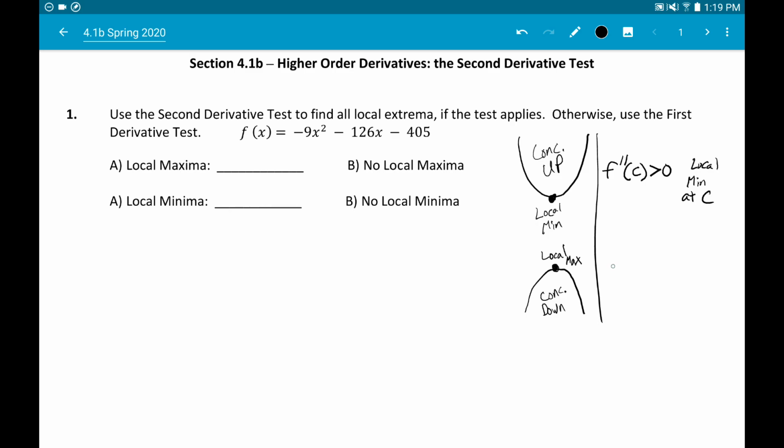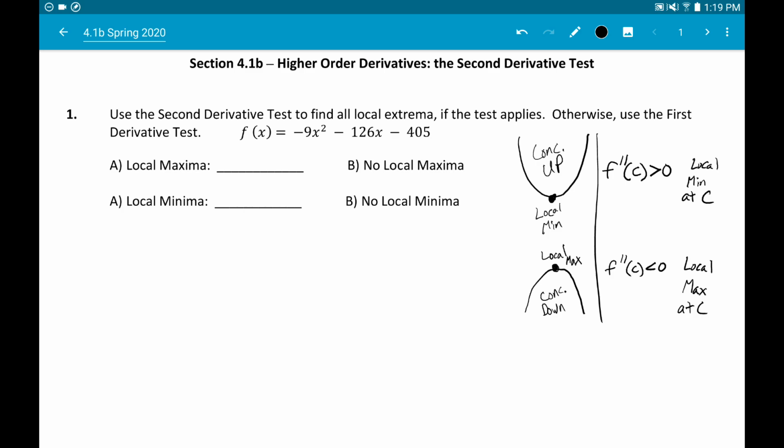And just the opposite down here. If we plug the critical value into the second derivative and it's negative, that's concave down, got to have a local max at C, at the critical value.